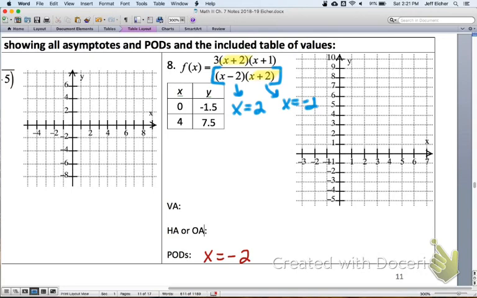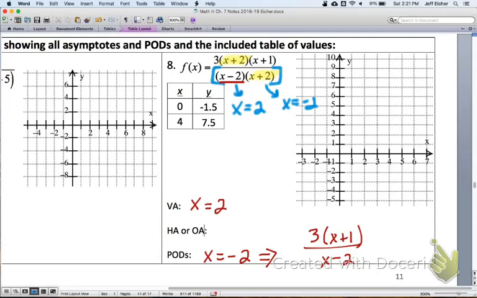And then our vertical asymptote would be the factors that don't divide out. We would get an x equals 2. It would be nice to know the coordinate of the point of discontinuity. Well, with the simplified fraction, dividing out the x plus 2's, we would get 3 times x plus 1 over x minus 2.